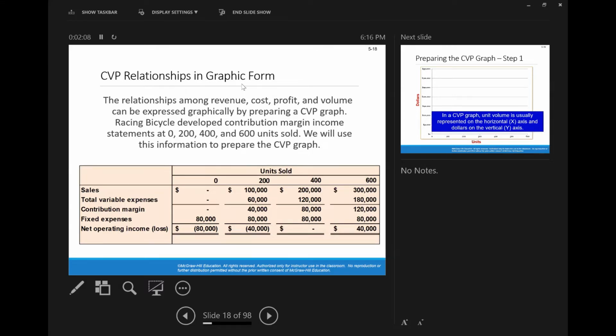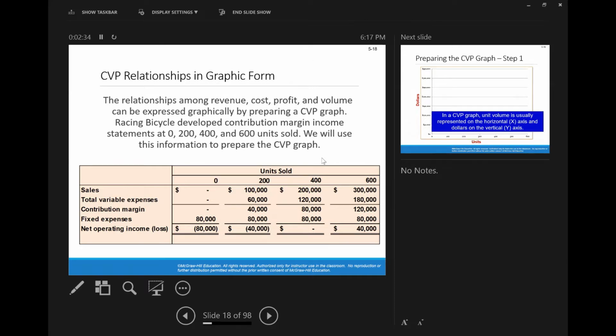So we have sales of 100,000. We do the same thing for our variable expense, which was 300 times 200 units. So we have 60,000. The difference is a contribution margin of 40,000. Now we don't have enough to cover the fixed costs, right? So we have 80,000, so we're going to have a loss of 40,000. So at least we have a little bit of something that covered some of those fixed expenses.